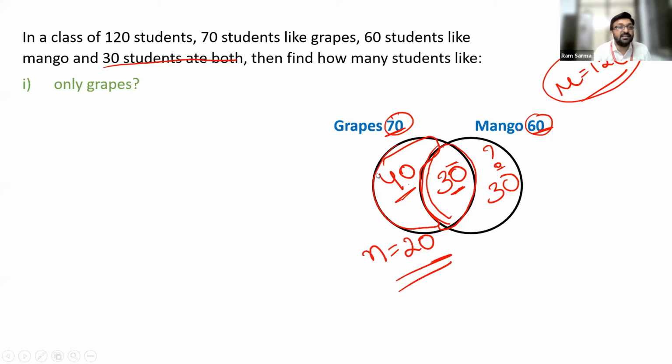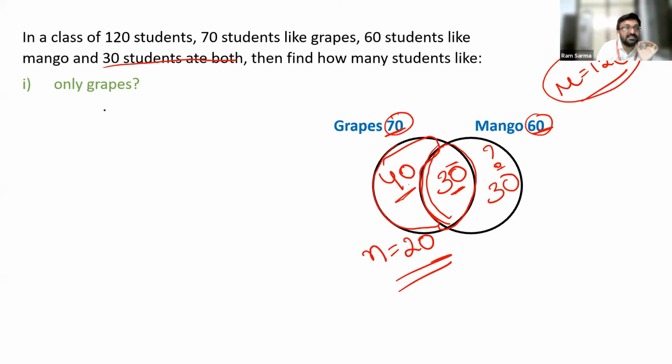Now, let's answer questions based on this. We have 5 questions to work on. The first one, people who like only grapes. I want you all to understand the difference between people who like grapes and people who like only grapes. If the question is about students who like grapes, your answer will be 70.